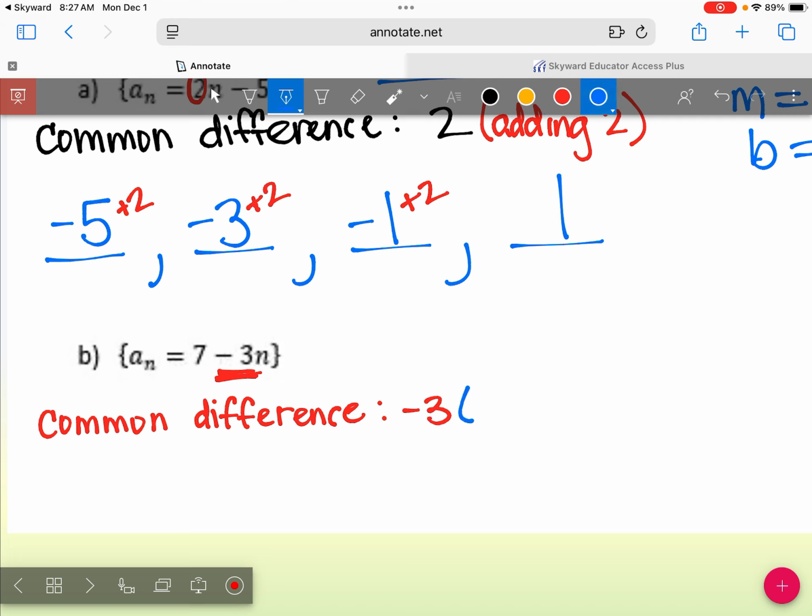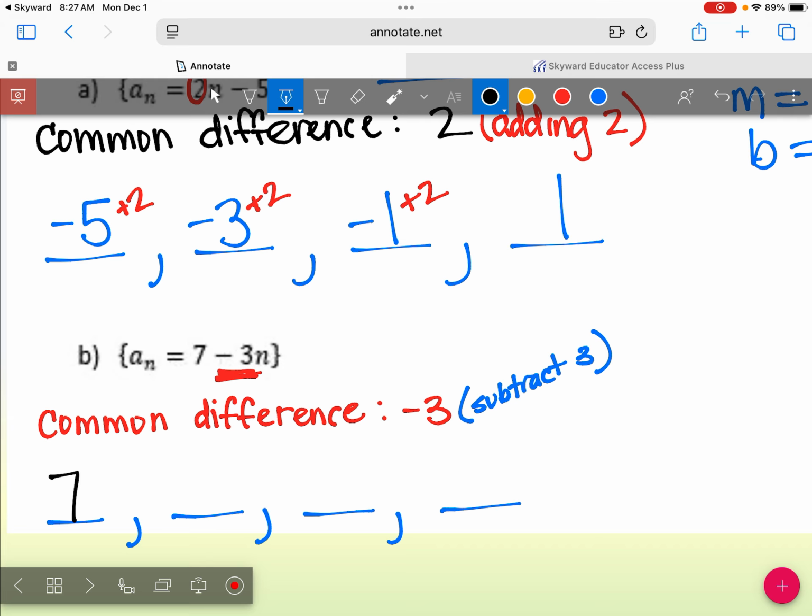So negative 3, whenever you add a negative, that's the same as subtracting. So let's list our first 4 numbers. What would be the first number? What's my y-intercept? 7. All right, go ahead and subtract 3 to get the next 3 numbers.